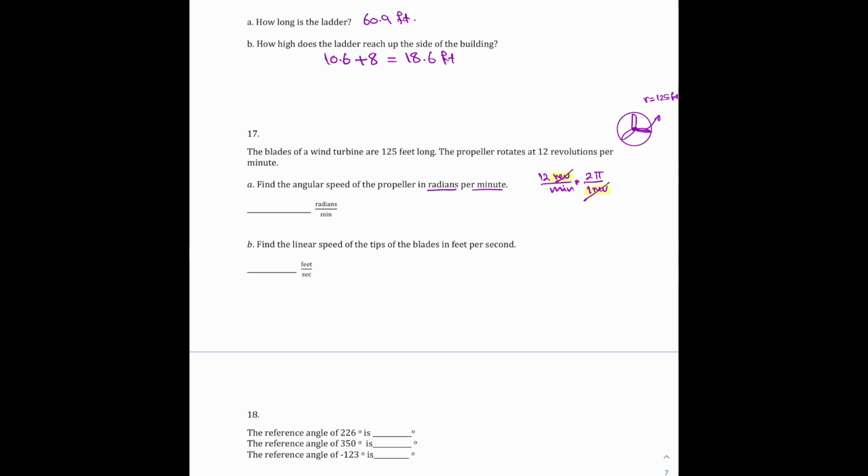One revolution cancels with one revolution. 12 times 2 is 24 pi radians per minute. So I'm going to say the answer is 24 pi radians per minute.